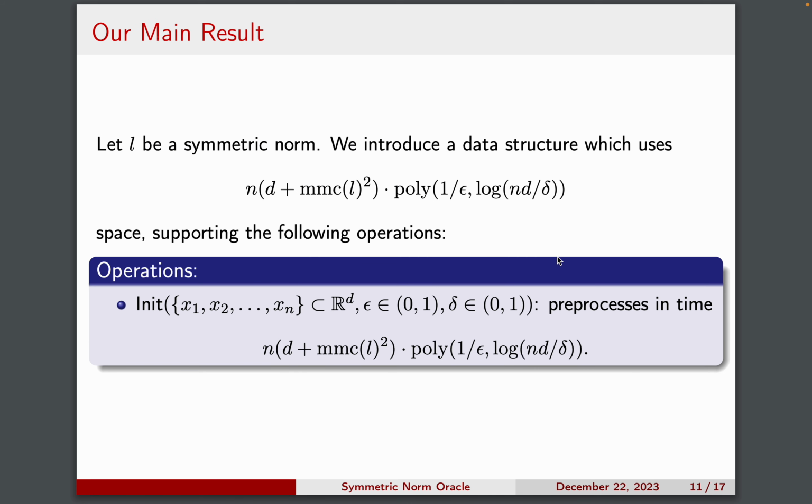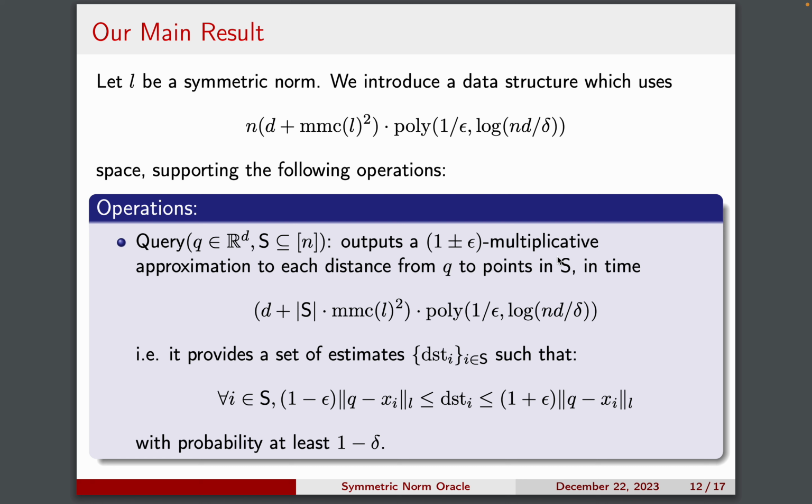Now we can introduce our main result. We introduce a data structure which uses n(d plus mmc(L) squared) space. Here we ignore the epsilon and log factors, and it supports several operations. The first is initialization, which can preprocess the dataset in time n(d plus mmc(L) squared), ignoring the epsilon and log factors.